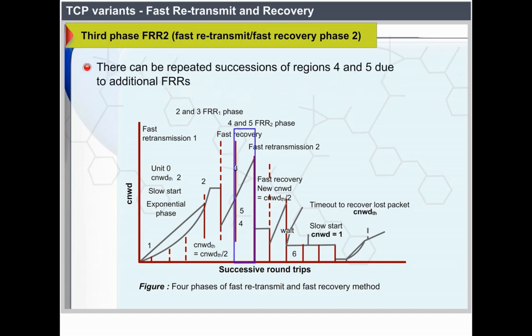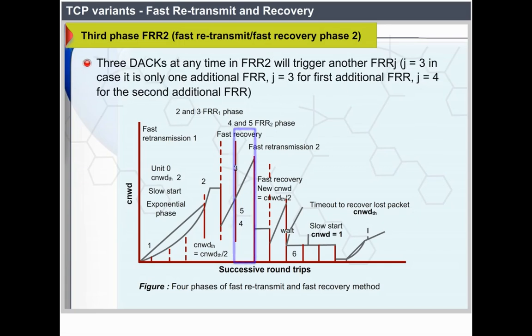There can be repeated successions of regions 4 and 5 due to additional FRRs. 3 DACKs at any time in FRR2 will trigger another FRRJ. J is equal to 3 in case it is only one additional FRR, J is equal to 3 for the first additional FRR, and J is equal to 4 for the second additional FRR.